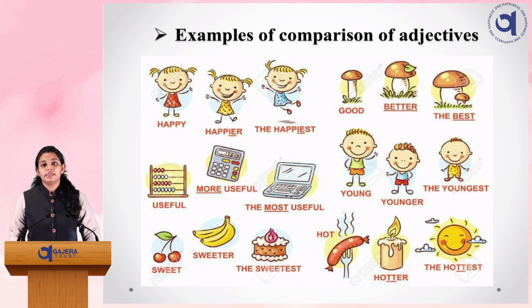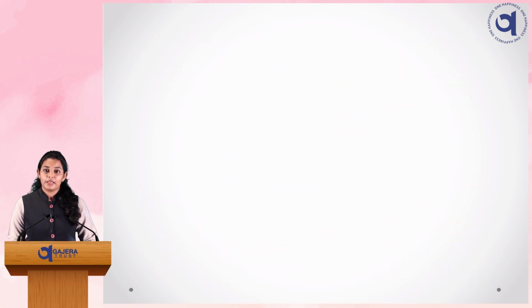So students, here there are the pictures of comparison of adjectives. So I hope that you have understood all the rules of comparison of adjectives, and you have also learned what is adjective and what are the comparisons of adjectives. So here we have ended with our topic.